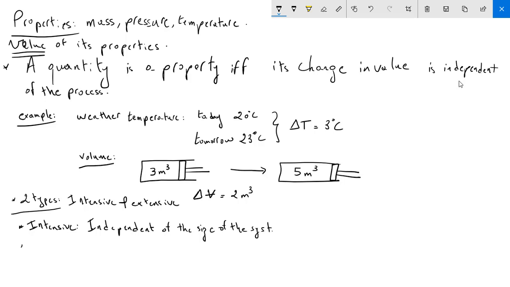An extensive property is a property whose value is dependent on the size or extent of the system.